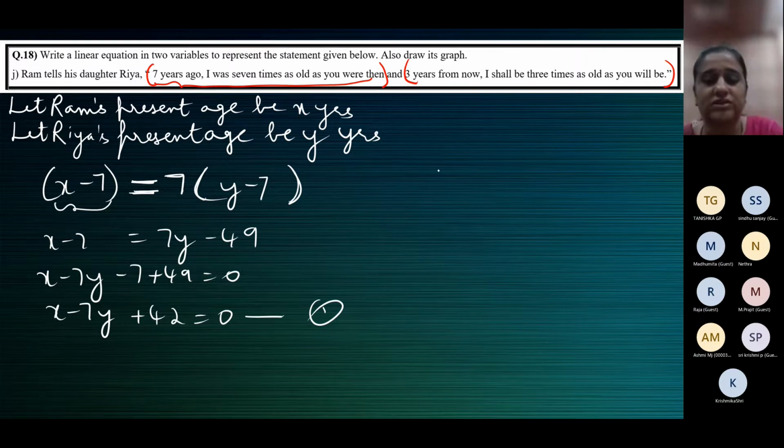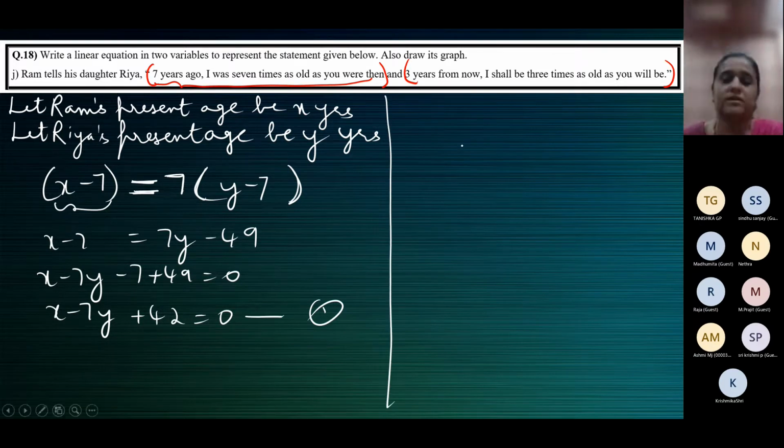So this is the first equation. Then what does he say? 3 years from now, meaning x plus 3, y plus 3. Ram's age 3 years from now, x plus 3. Ria's age 3 years later, y plus 3.